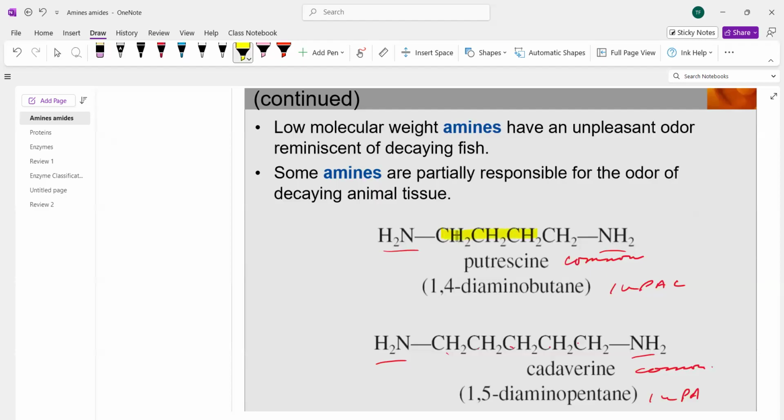So we've got a dual branch with no carbons coming off of the nitrogen, so it's going to be 1,4-diaminobutane. The backbone is an alkane, like the backbone here is an alkane.